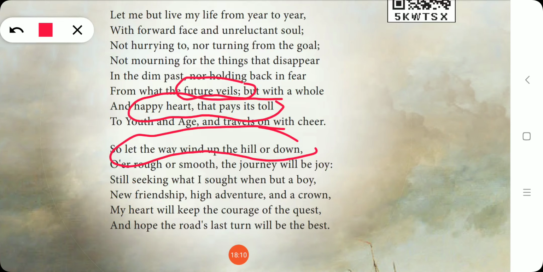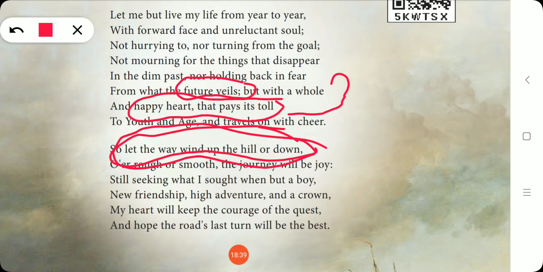So the way is personified here as having the human ability of winding. This is also an example of personification. So these three lines, from 'what the future wails but with a hole', 'happy heart that pays its toll', and 'let the way wind up the hill or down', are examples of personification in this poem.